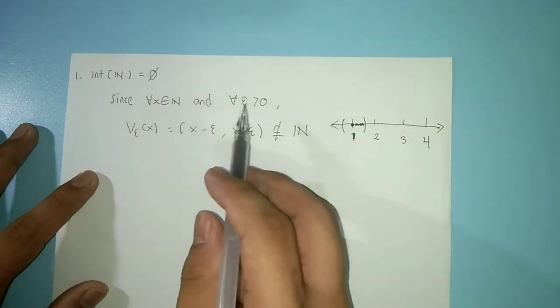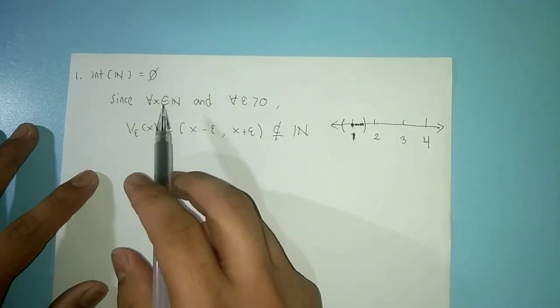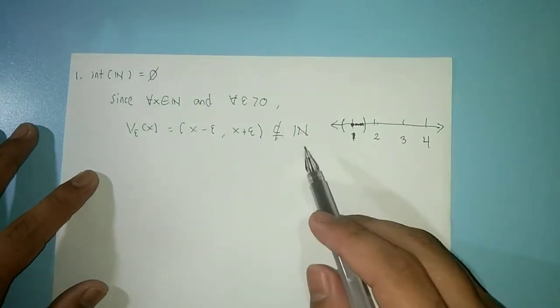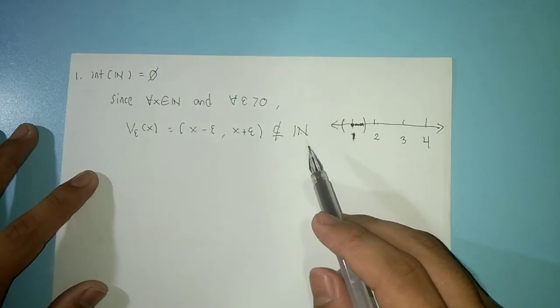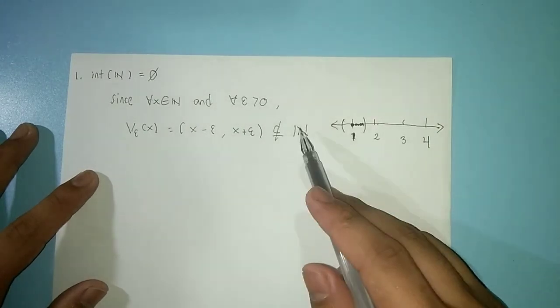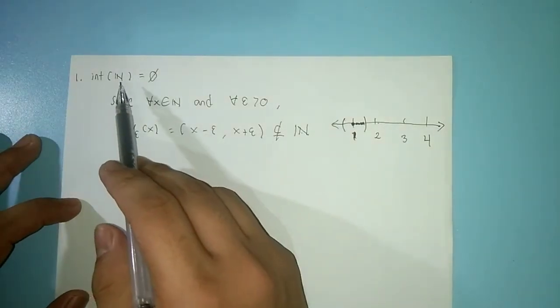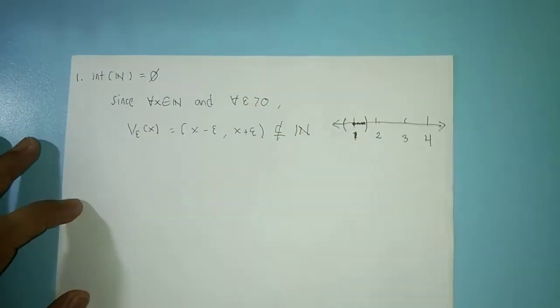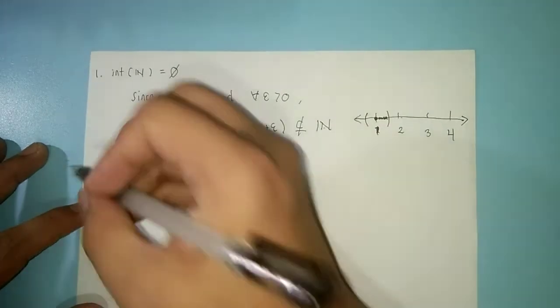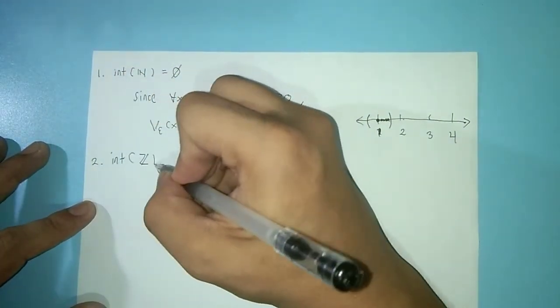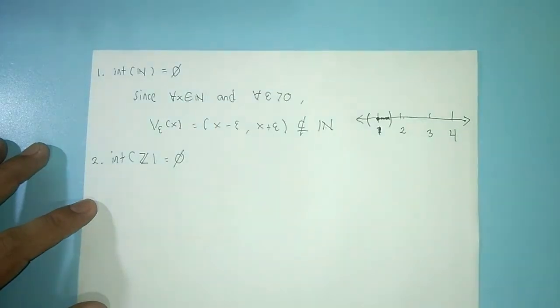So for any positive epsilon and for any natural number x, the epsilon neighborhood of x cannot be a subset of our set of natural numbers. That is why yung interior ng set of natural numbers ay empty set. And for the same reason, yung interior ng set of integers ay empty set.